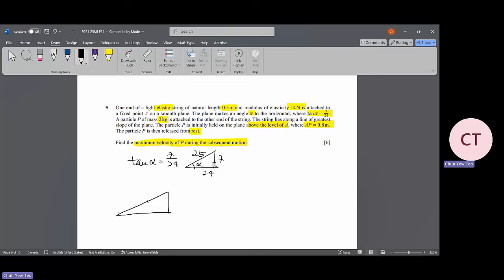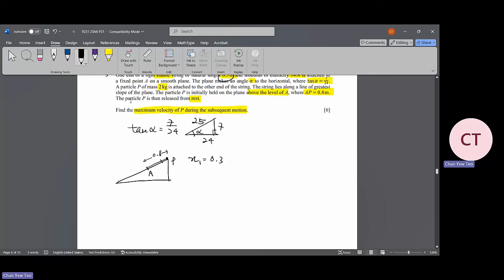You have a fixed point A. So at the beginning, your P is over here, and the distance here is 0.8. But the natural length is 0.5. So over here, your extension is 0.3. Okay, this is the first case.